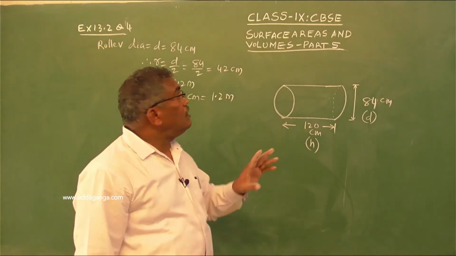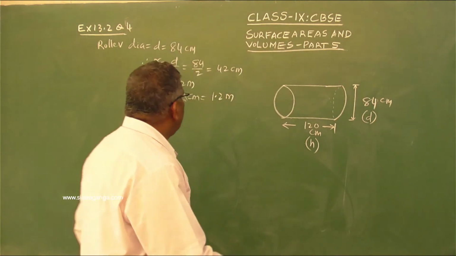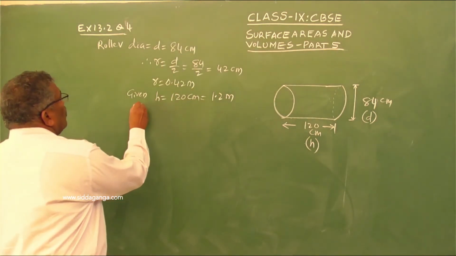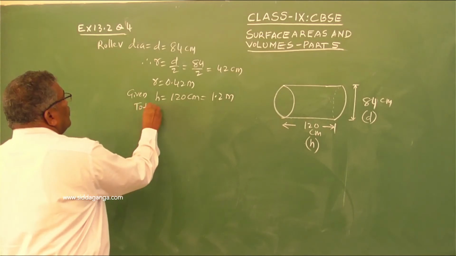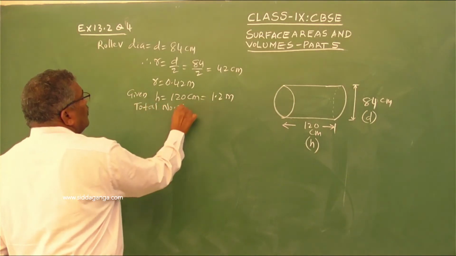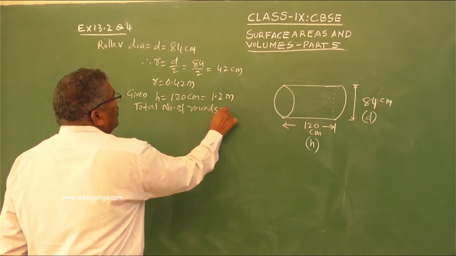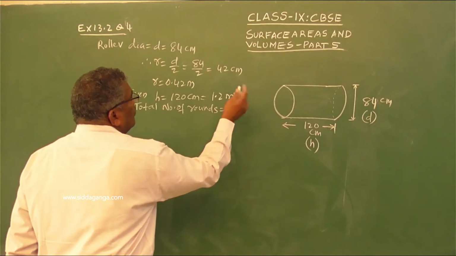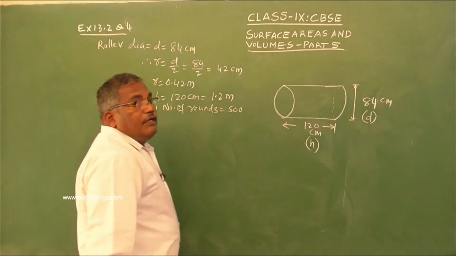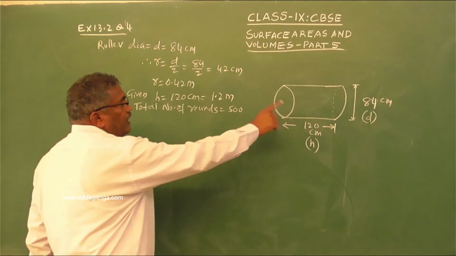The question is, for 500 rounds, what is the area covered? So total number of rounds is equal to 500.